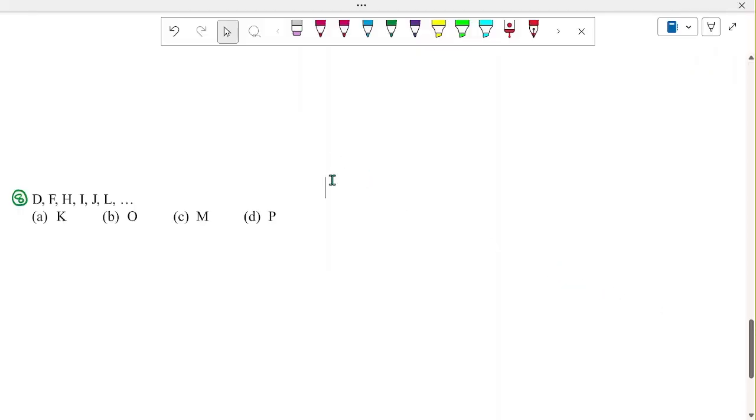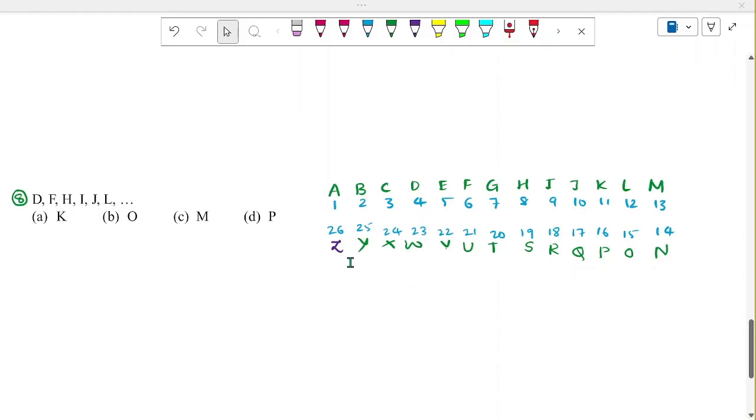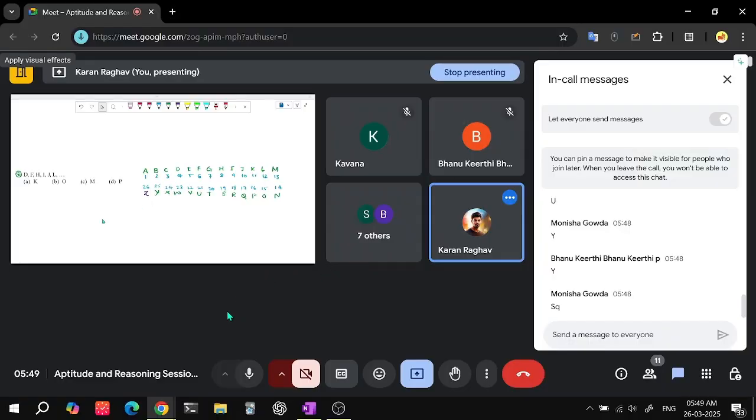I'll provide you the table. Okay. A hint, it will depend upon the numbers. Whatever the number you are getting, it will depend upon the numbers. Okay, I'll give another hint.